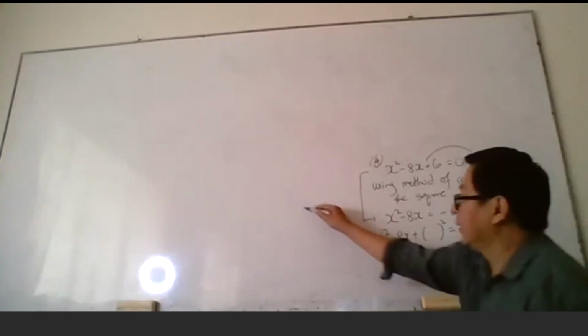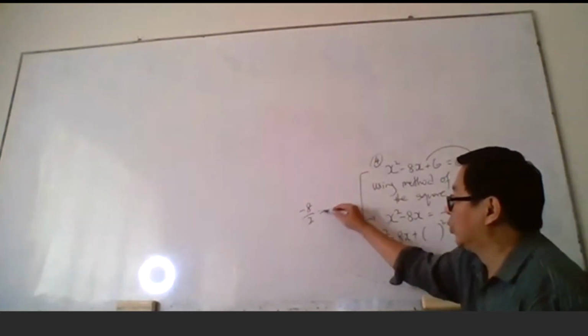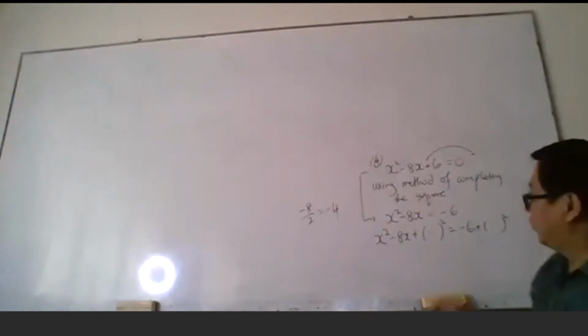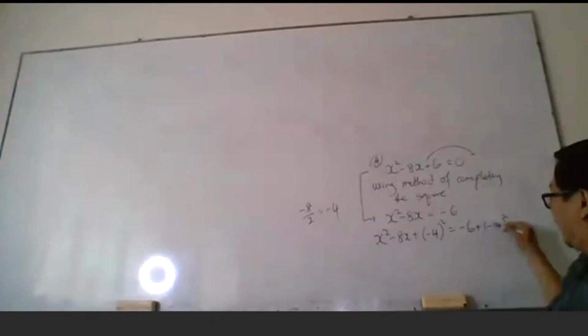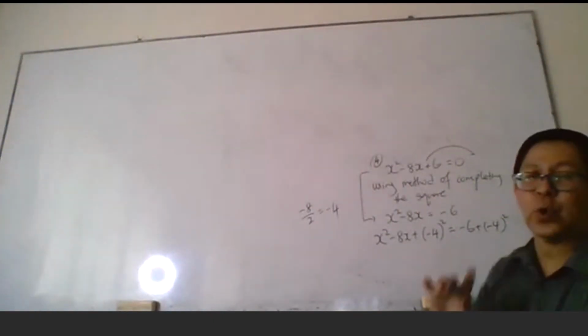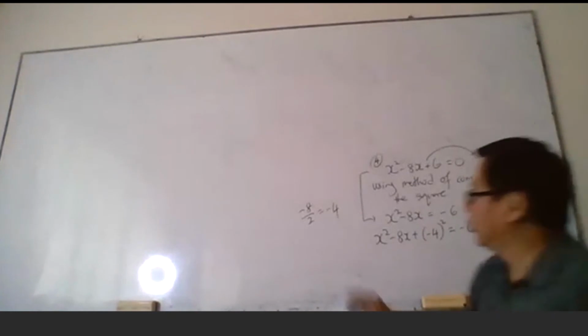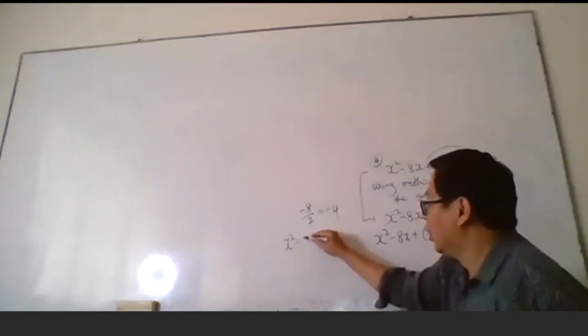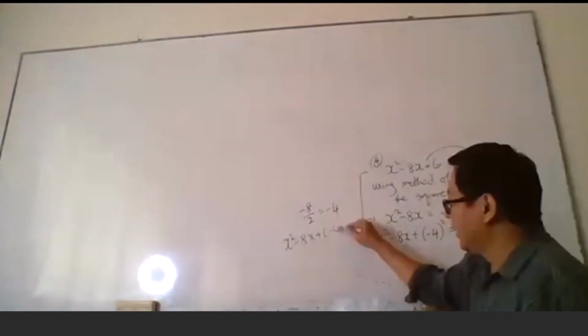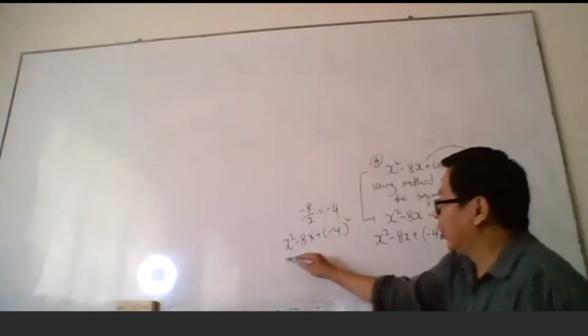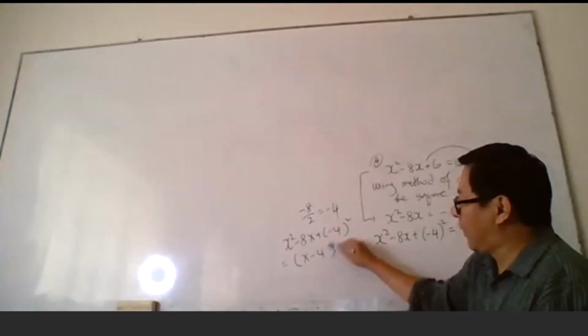So we take negative 8 divided by 2, and you get negative 4. In school, your teacher may ask you to use this method, to put x minus 4 bracket squared.